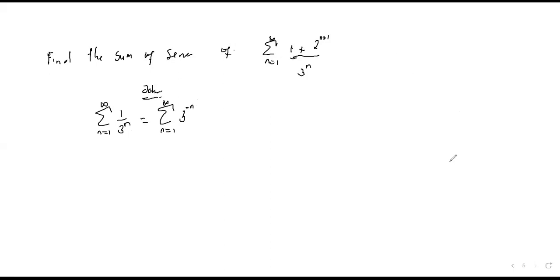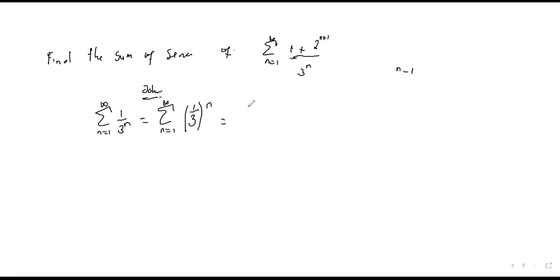But if you remember the geometric series, it needs the power to be n minus 1. So for that case, we're not lifting it. We'll write it as 1/3. Because we know 1 to the power n is still 1, we can put an n here.